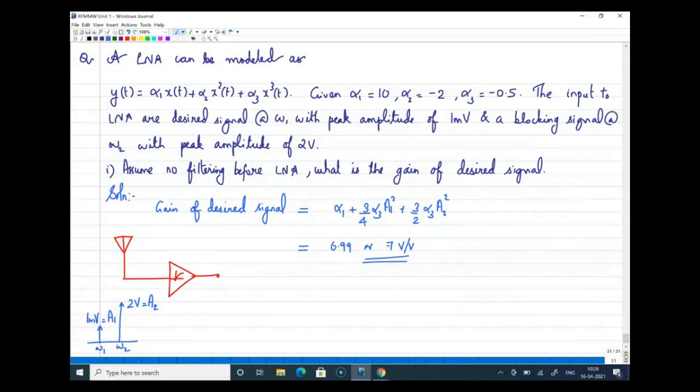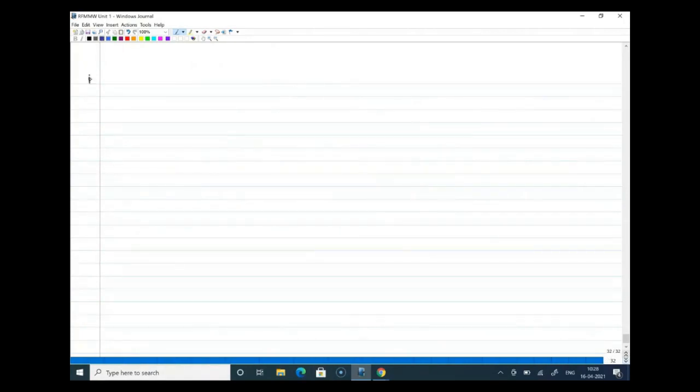And that is straightforward. With the initial observations we made on a third order polynomial nonlinearity, we know that. Now, the second part of the question goes like this. Previously it was mentioned that if there is no filter, what is the gain?